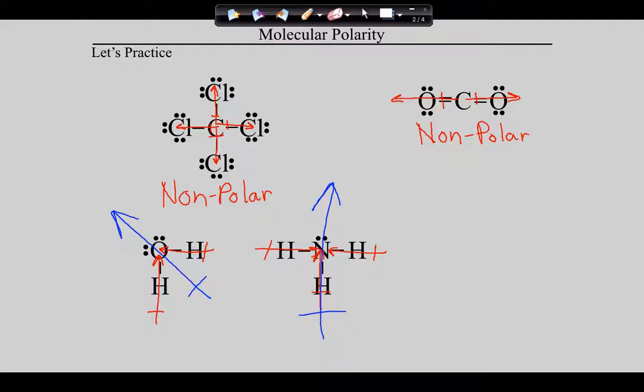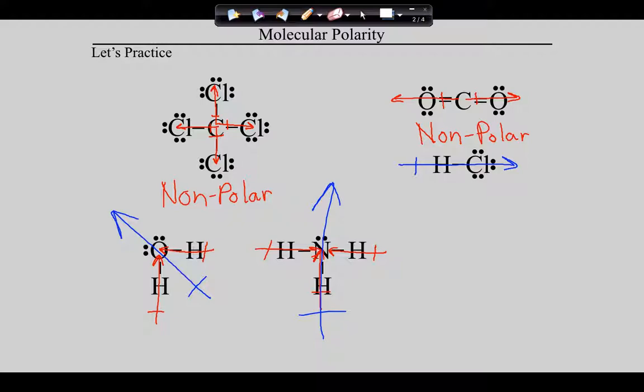All right, so guys, next one, HCl. Which one's more electronegative, the chlorine or the hydrogen? Chlorine. So guys, the arrow goes like that towards the chlorine. Is it symmetrical?